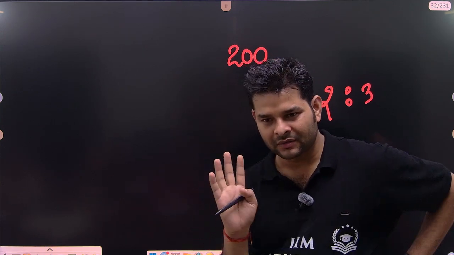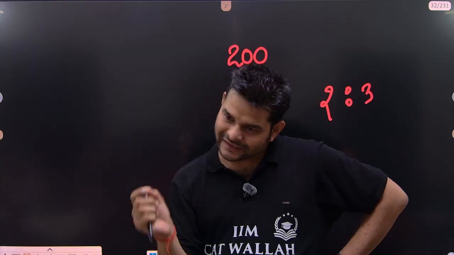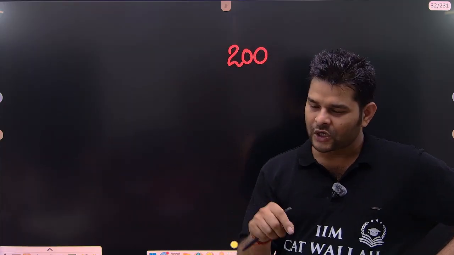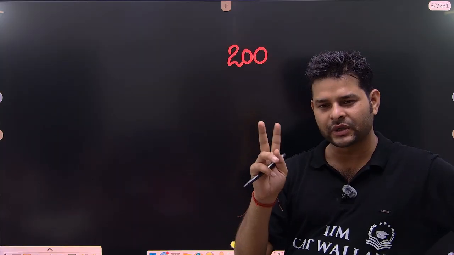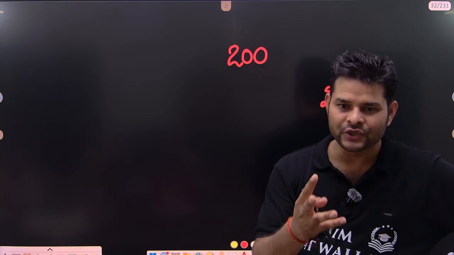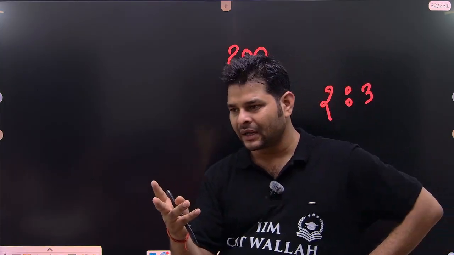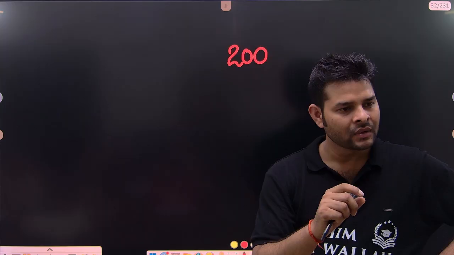If I don't know the value of 1 unit, is it possible for me to divide that value in the ratio of 2:3? If I want to divide anything in 2:3, it is mandatory to first know the value of 1 unit.